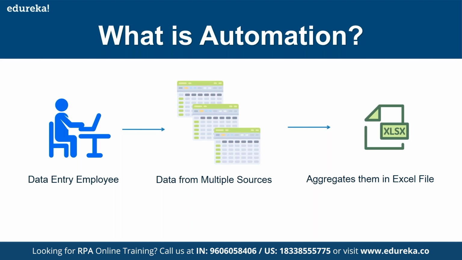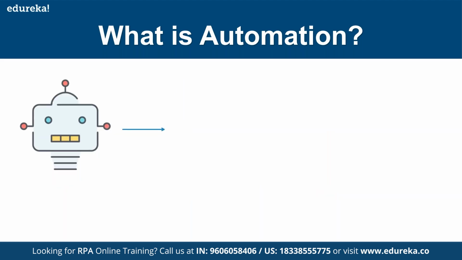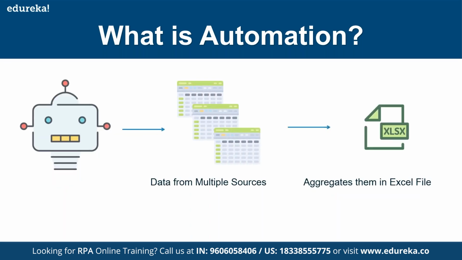Collecting the data from multiple sources and dumping it into an Excel is completely manual work. If you have a machine with the capability to do the same work, that is your automation.